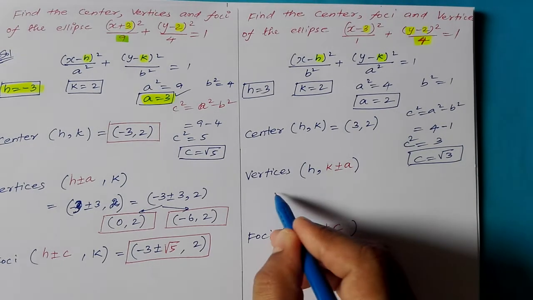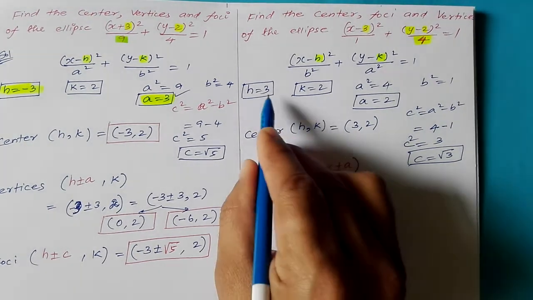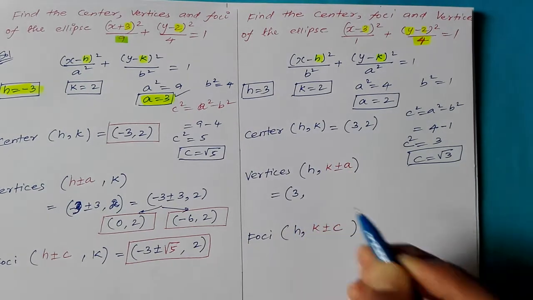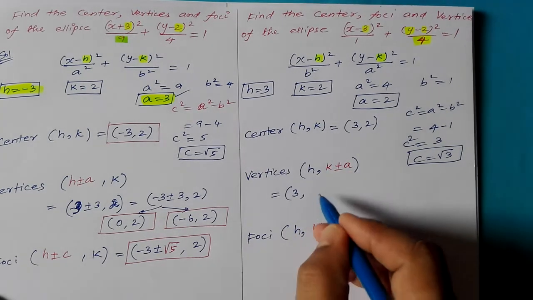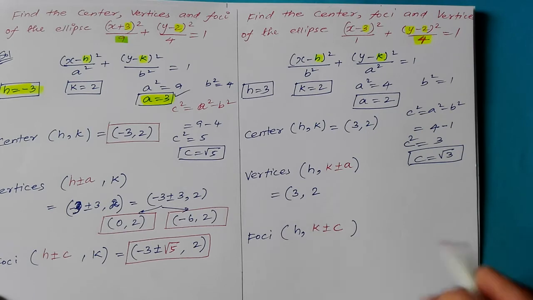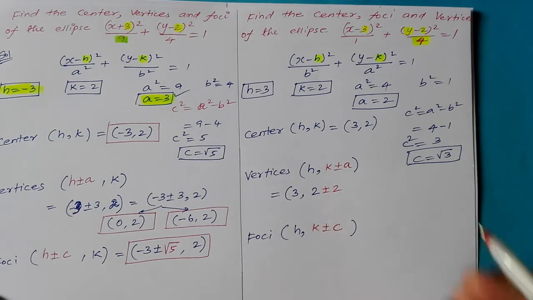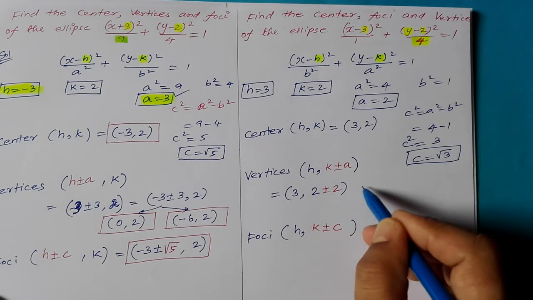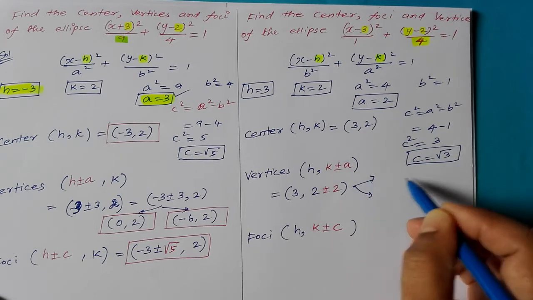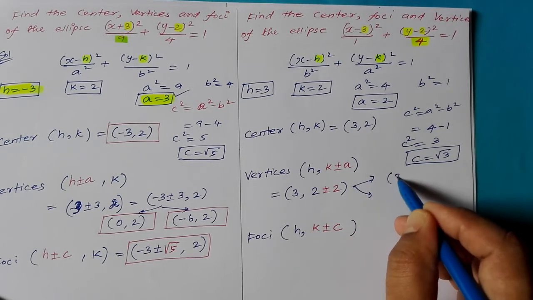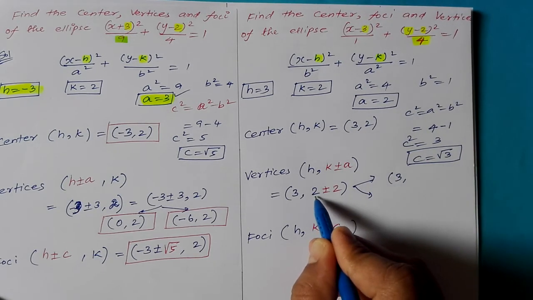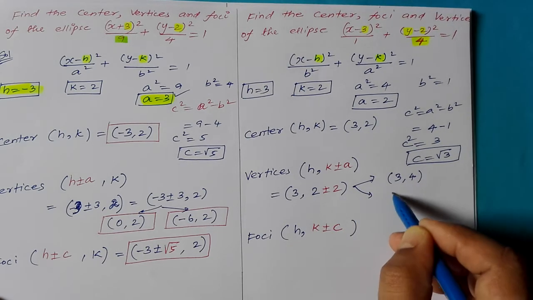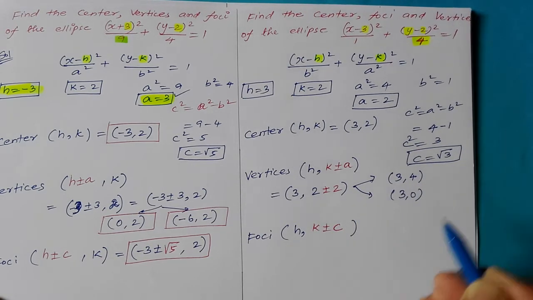Now substitute the values. What is h? h is 3. And what about k? k value is 2 plus or minus 2. a value is 2. Therefore, I have to calculate two values, because it is integer: 3 comma 4, 1 plus, 1 minus.